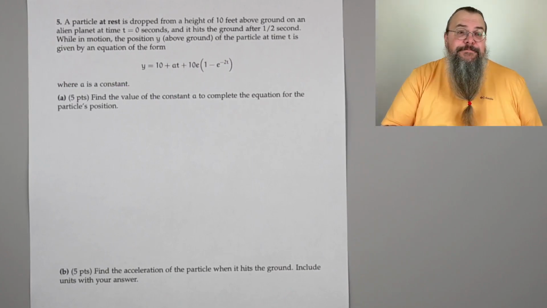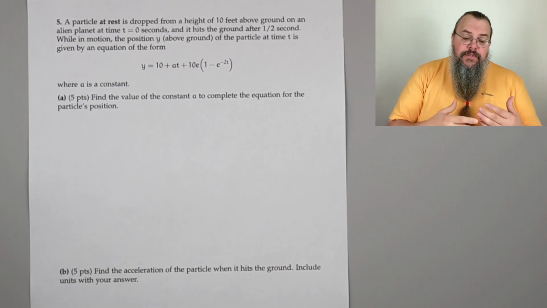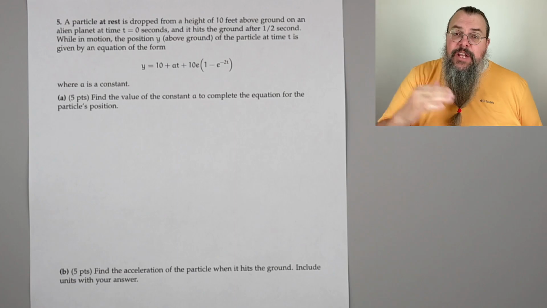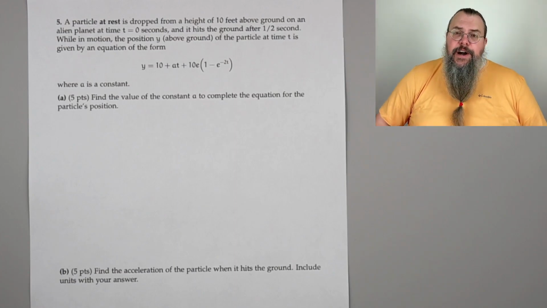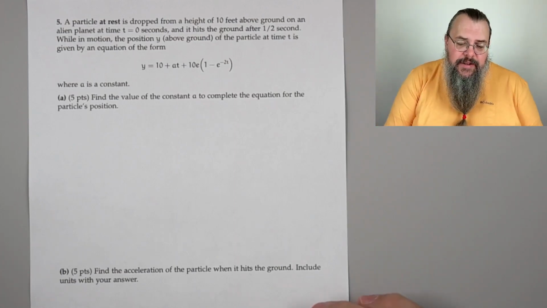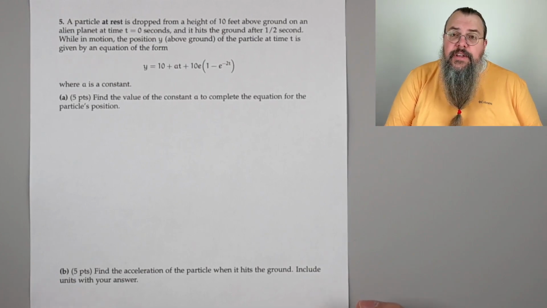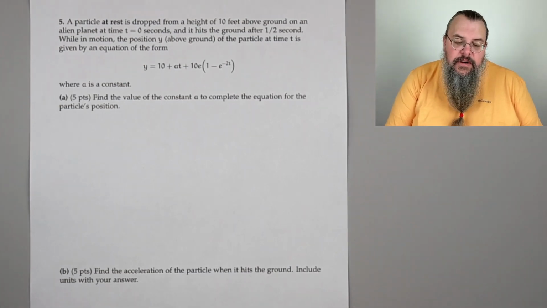Number 5. A particle at rest is dropped from a height of 10 feet above ground on an alien planet at time t equals 0 seconds. And it hits the ground after 1/2 a second. So, okay, it doesn't take very long to drop 10 feet.